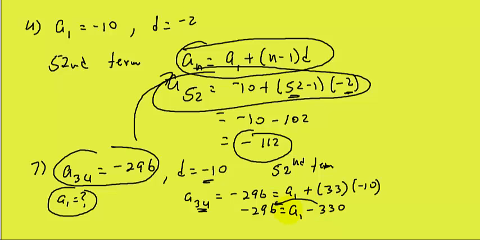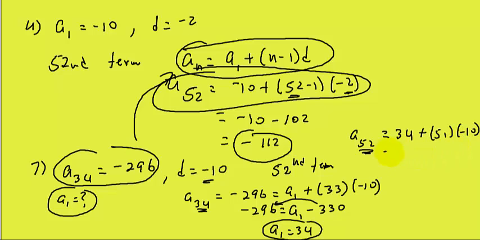So that will be 330 minus 296, and then when you do that, you're going to get a sub 1 is equal to 34. As soon as you can find a sub 1, you can find a sub 52, and that is equal to 34 plus 51, because it's going to be 1 less than that, times the difference, which is negative 10. That will give you 34 minus 510, so 34 minus 510, which is negative 476.